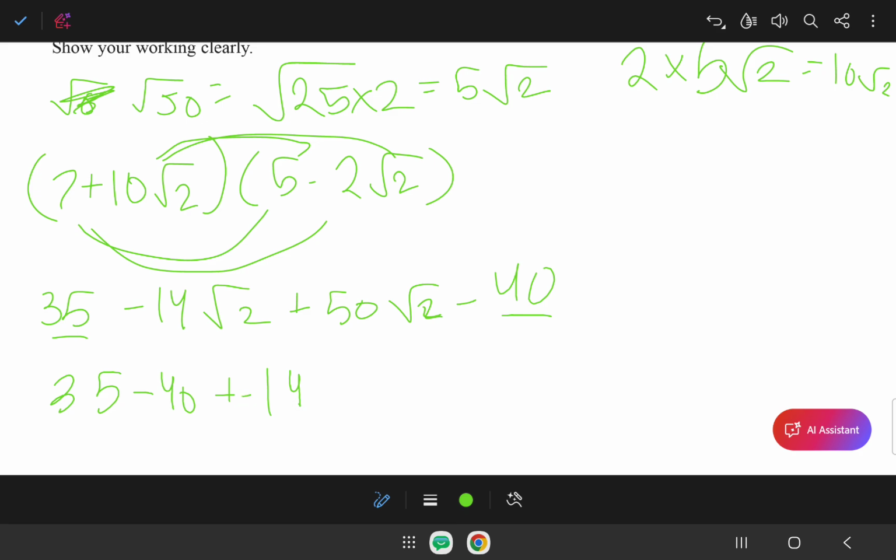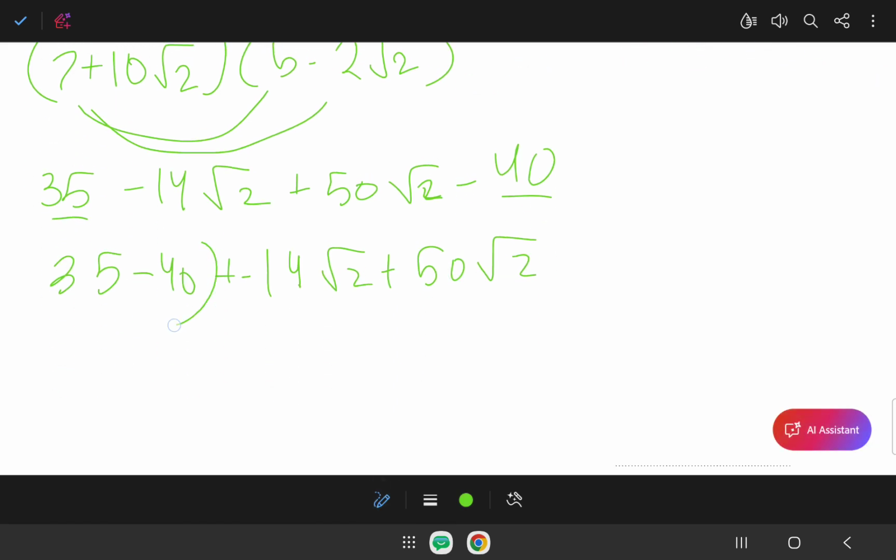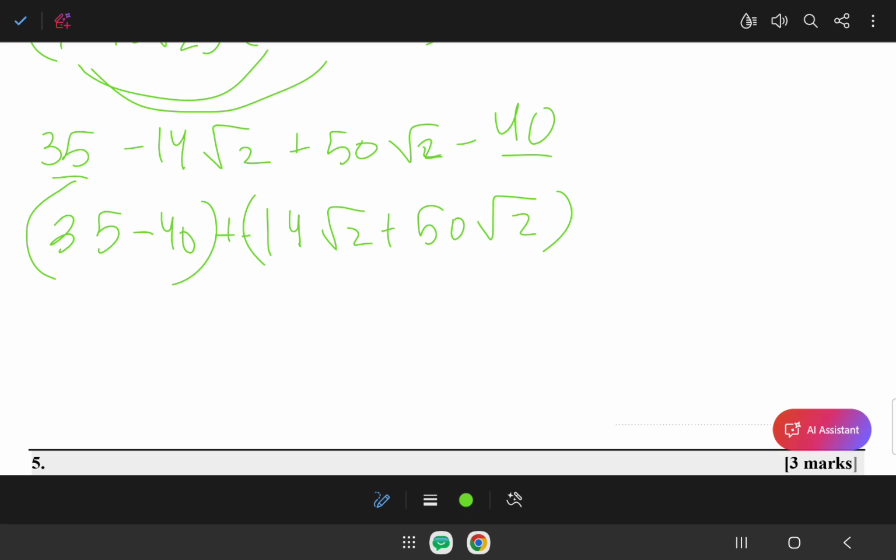Minus 14 root 2 plus 50 root 2 is equal to plus 36 root 2. So this is our answer.